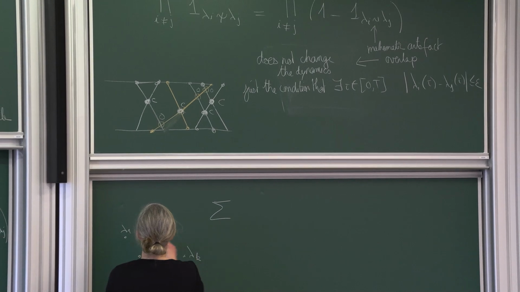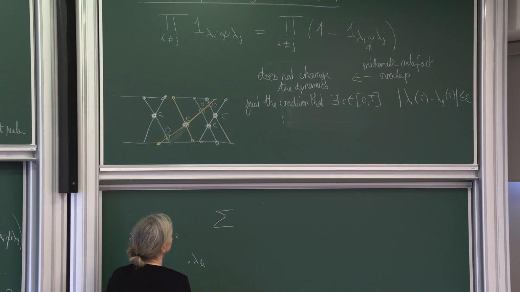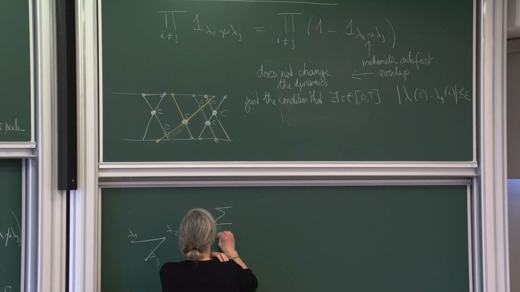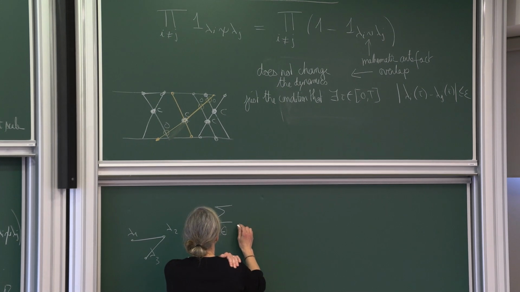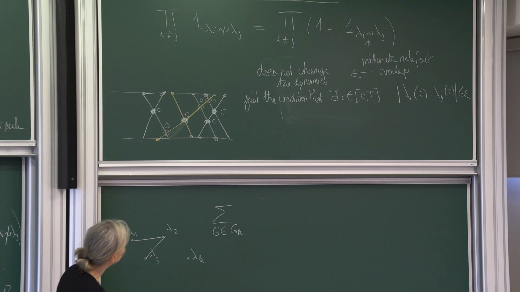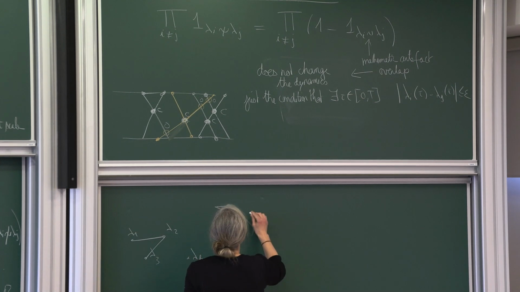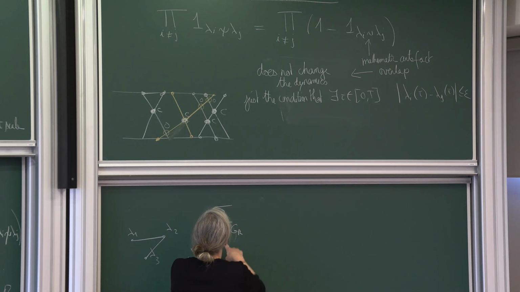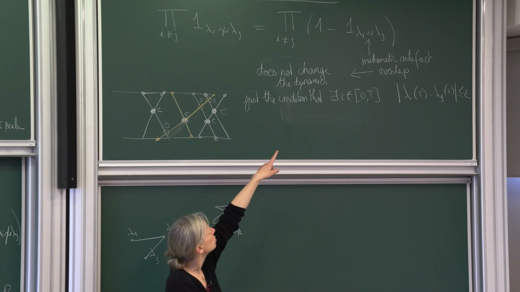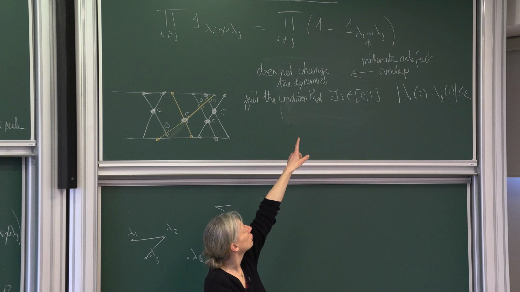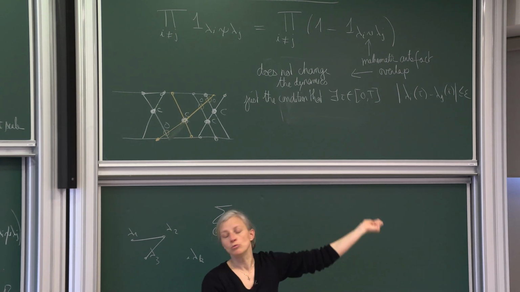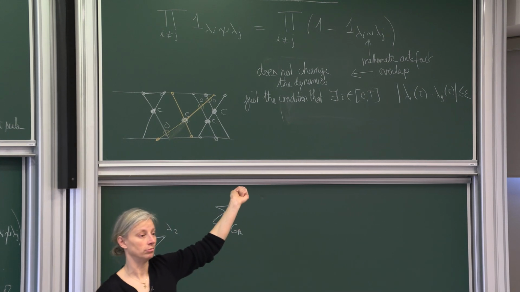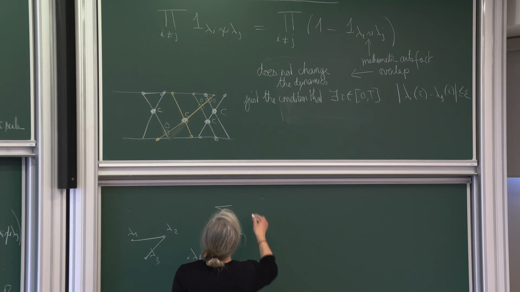So for instance, I take this one. I will have a sum over all possible graphs with k vertices. And now you see that if you have an edge in the graph, you take minus the indicator function that lambda i has to be close to lambda j. And if you have no edge, then you just take the 1. Okay, so that's the way you get that.